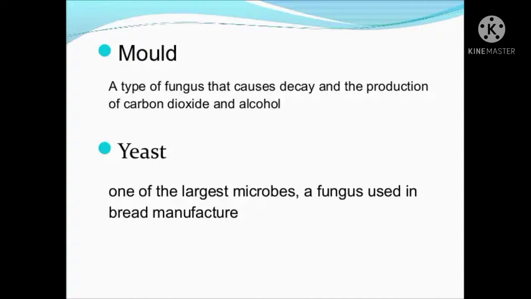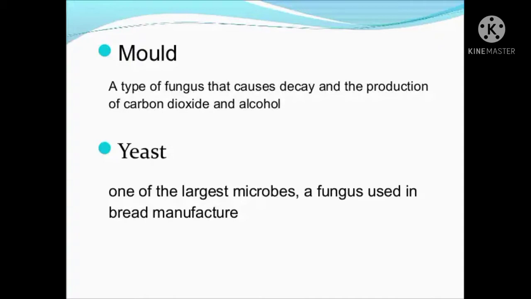Next is yeast. What is yeast? One of the largest microbes, a fungus used in bread manufacture. The yeast is used by the bakers to make bakery food, things like the cakes, the buns, bread. So that is made by the use of the yeast.